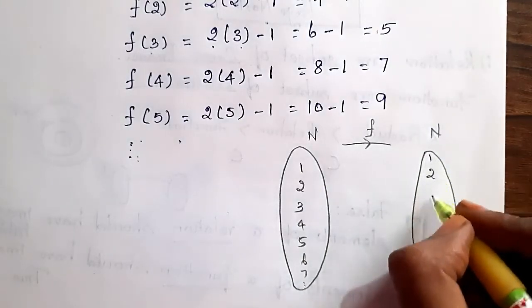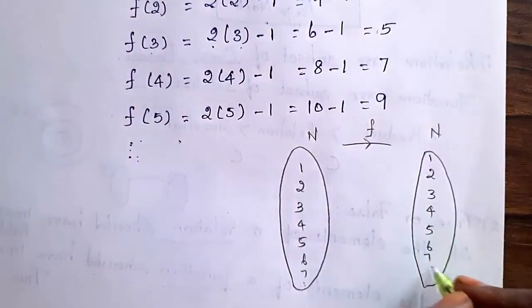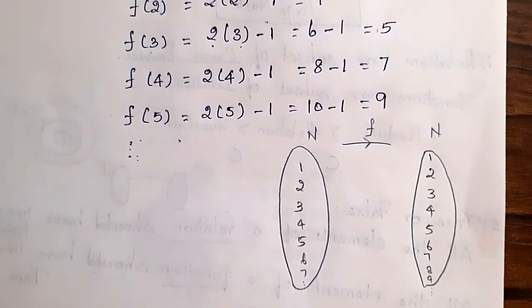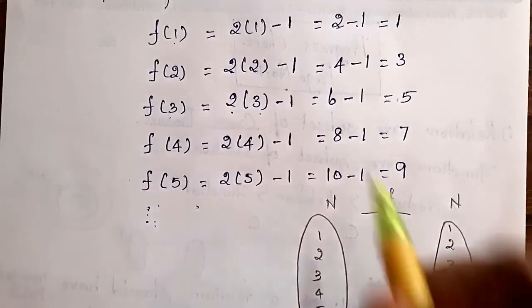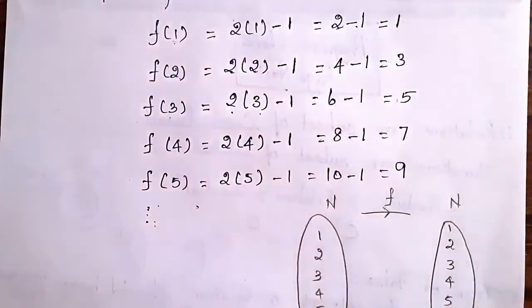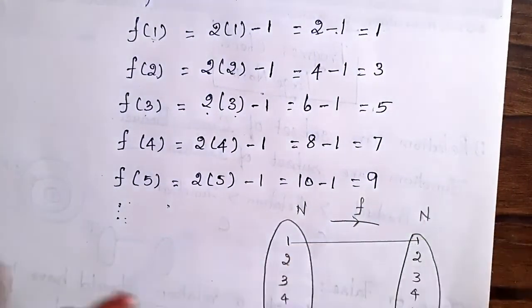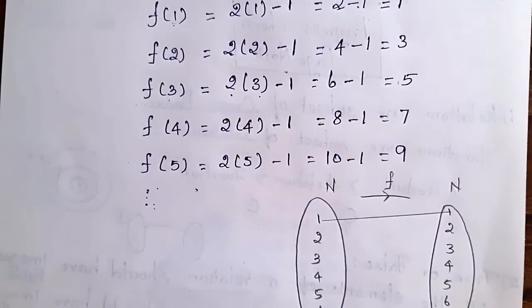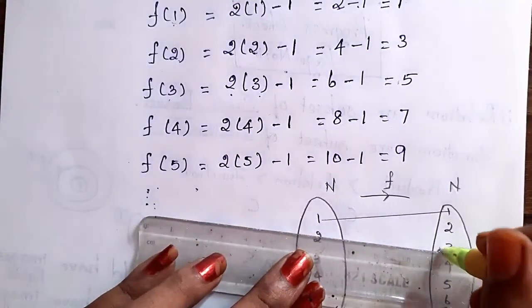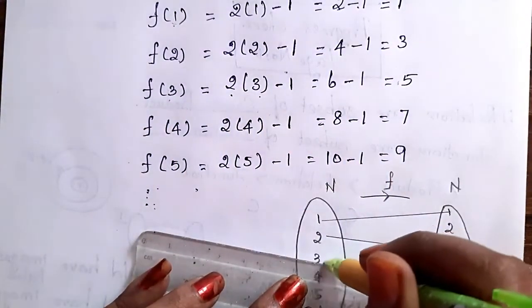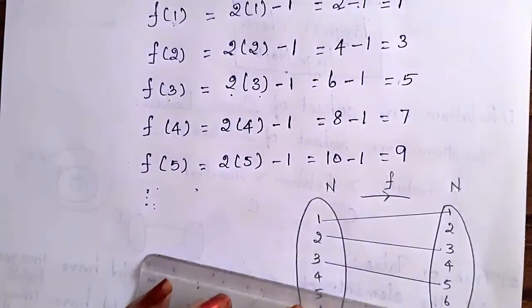Here the same, 1, 2, 3, 4, 5, 6, 7, 8, 9, etc., because this is also the set of all natural numbers. So then we can draw that. Look, 1 goes to 1. Then 2 goes to 3. 3 goes to 5. 4 goes to 7.